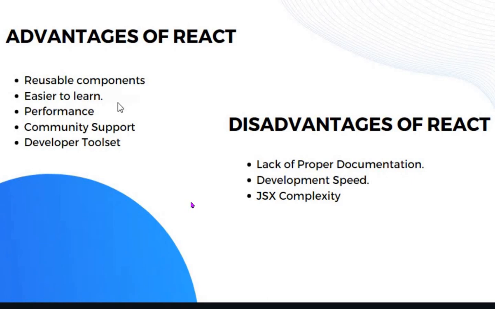Hence the previous version we learned, and the other day the next version comes. It is a problem for the developer to understand the next version, sir. JSX complexity, sir. It is an advantage and a disadvantage both, sir. But it is difficult to understand the JSX complexity in React, sir.